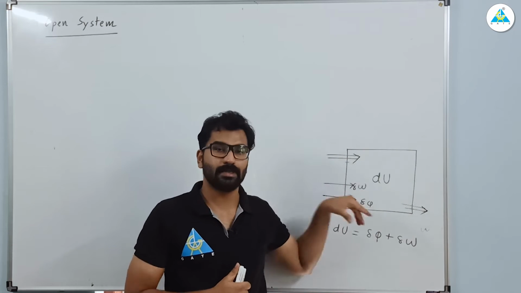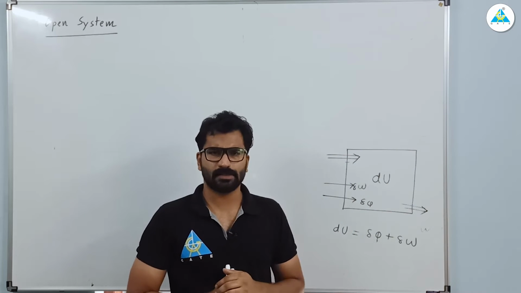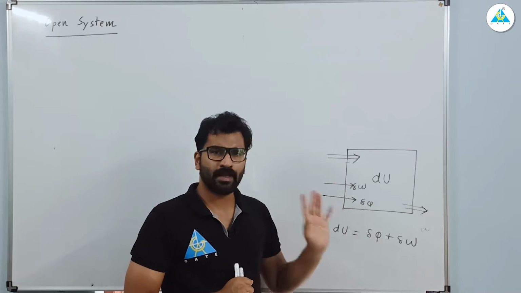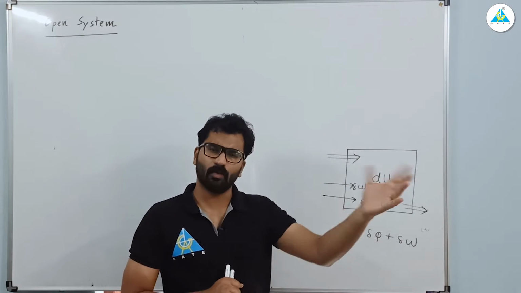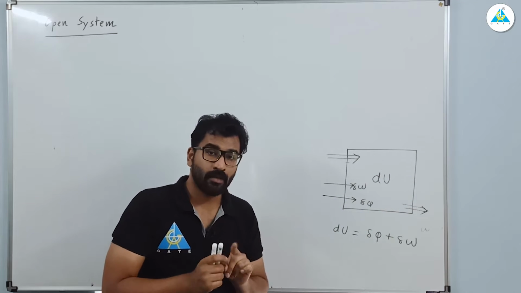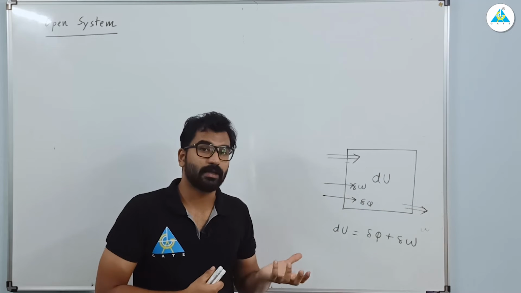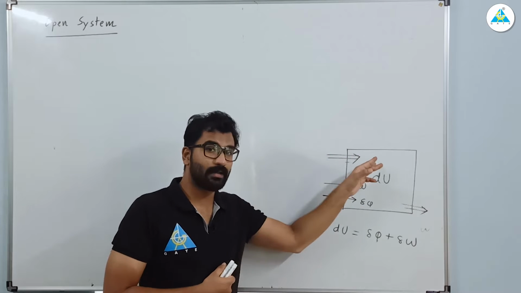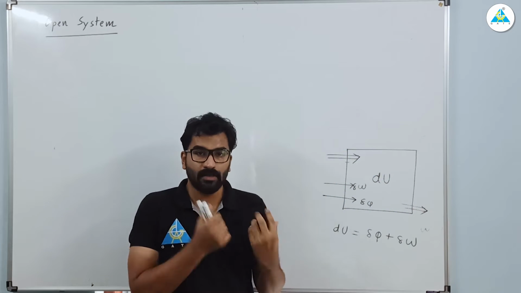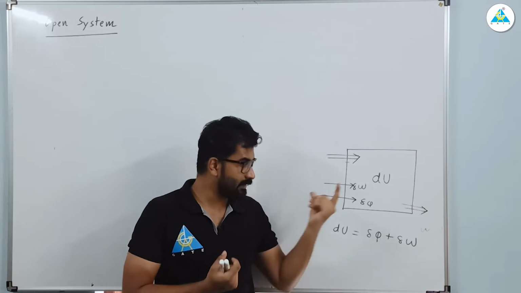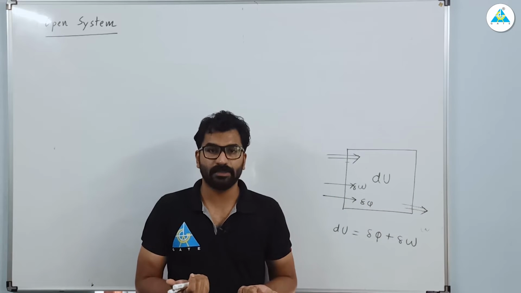Consider this as a water heater. We are giving some heat into the water heater, and there will be work, whatever is there, but what is the major difference in a water heater? Water is coming in and water is going out. So the inlet water will be carrying some energy, and the outlet water will also carry some energy, right?